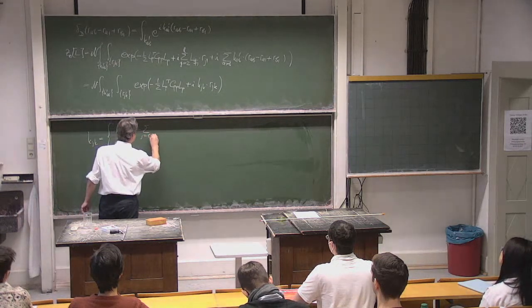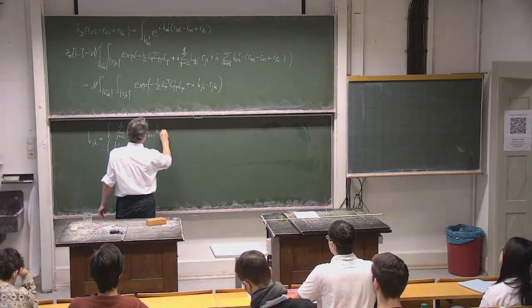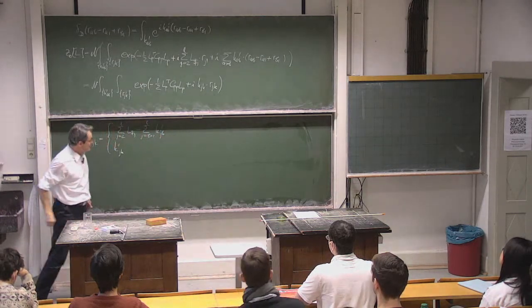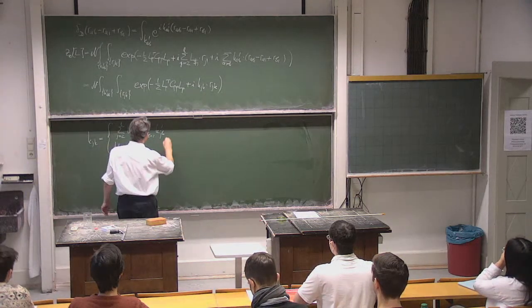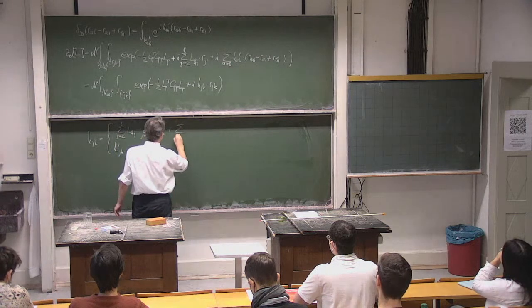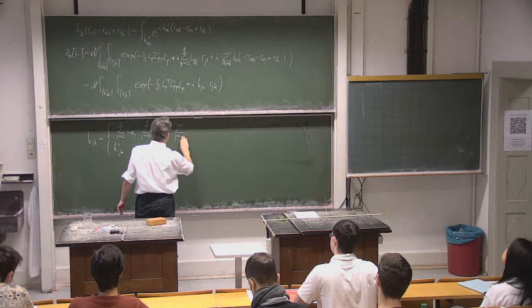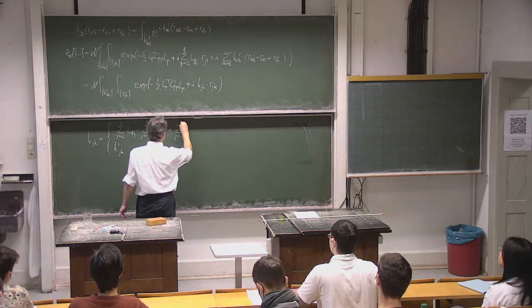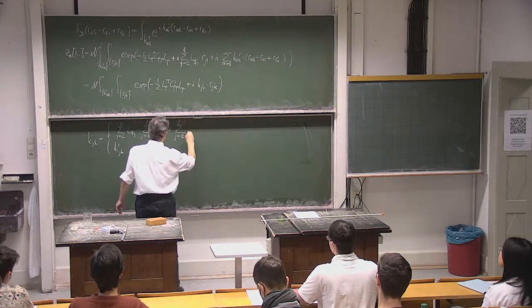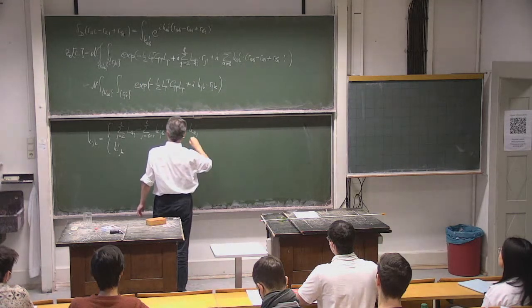J equals b plus 1 to L kjd prime plus the sum from 2 to L minus 1 kaj prime.